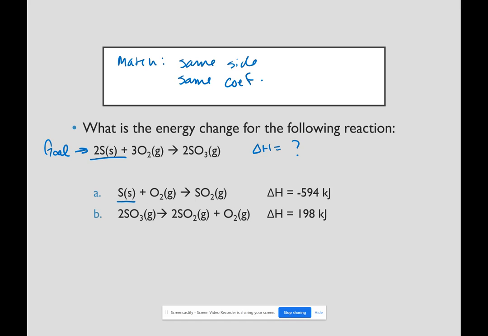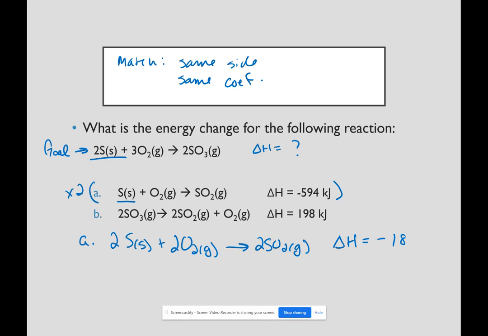In the goal equation, however, there is a coefficient of 2 in front of the sulfur. And so what I'm going to do is multiply the whole reaction A by 2. And I'm going to rewrite that 2 sulfurs plus 2 oxygens yielding 2 sulfur dioxides. Whatever you do to the reaction, you do to the delta H. So multiply the delta H by 2, you get negative 1188 kilojoules.